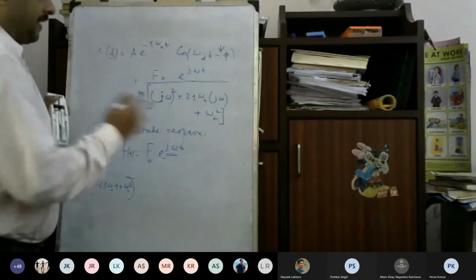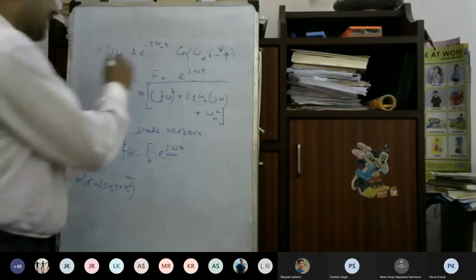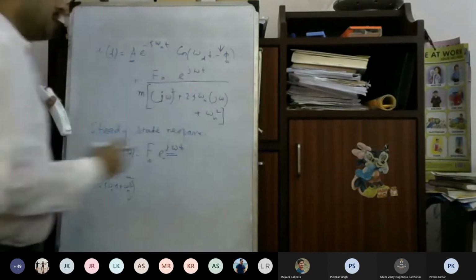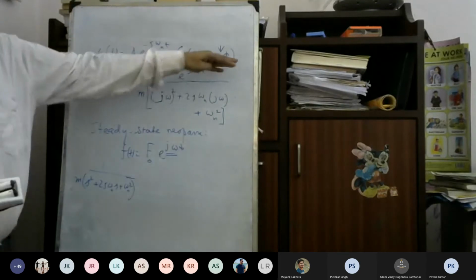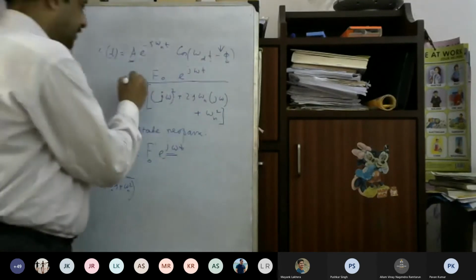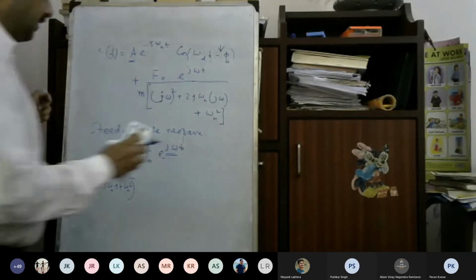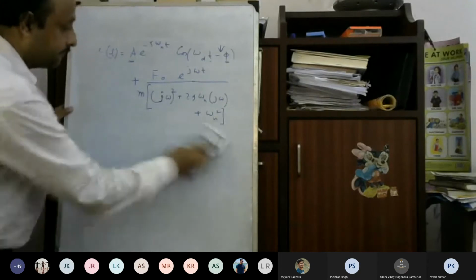Now what will happen with time? When t tends to infinity, A contains all the initial condition part, A and phi. So all the initial conditions will be absorbed in A and phi, and this other part is only due to the force.